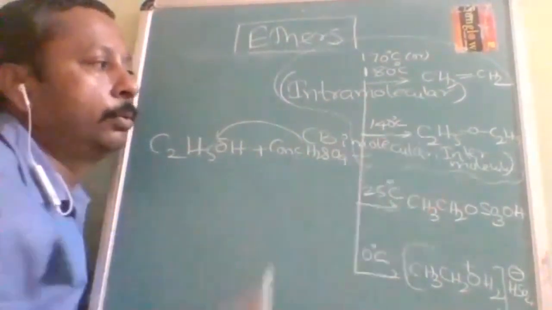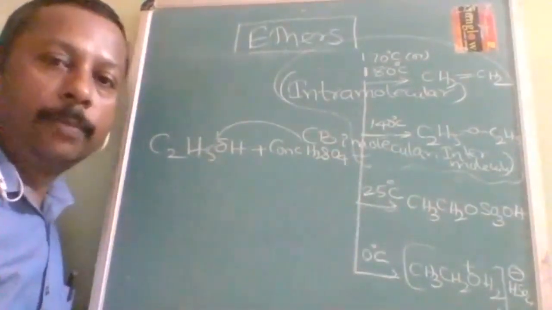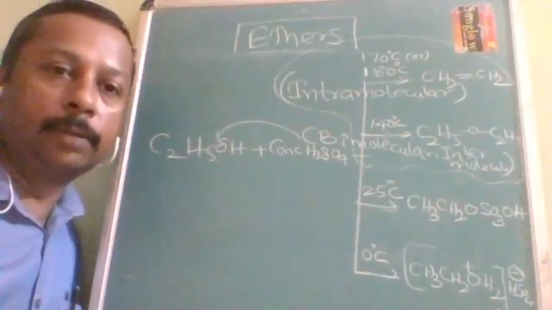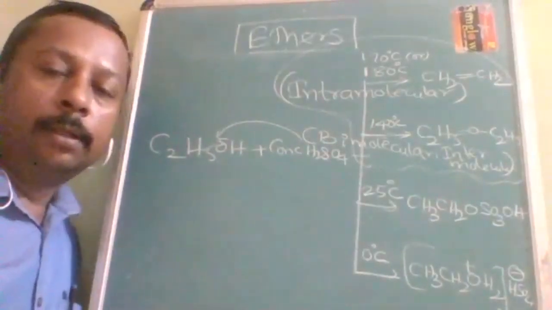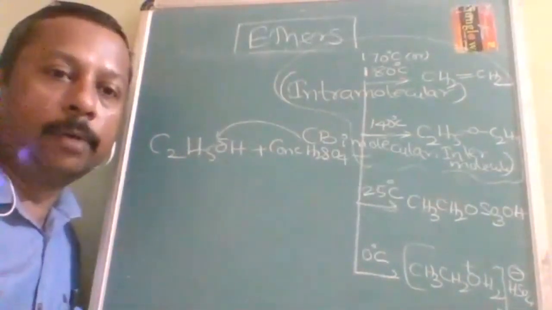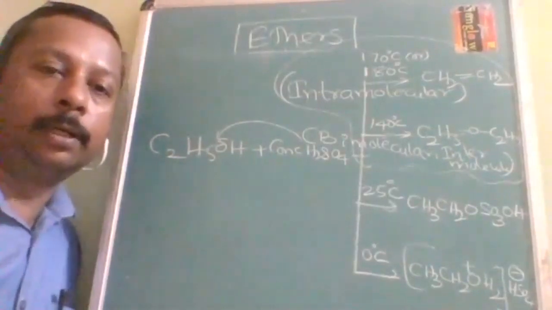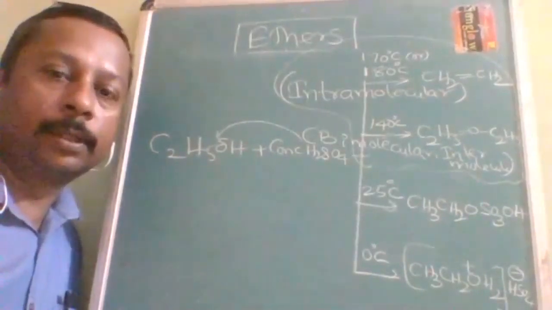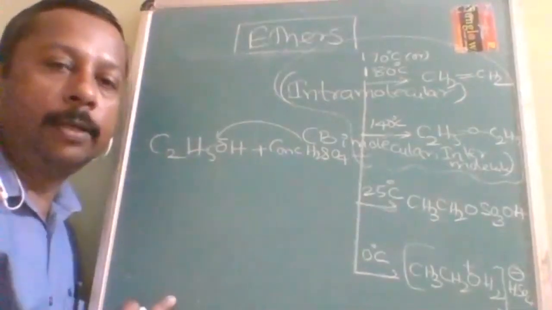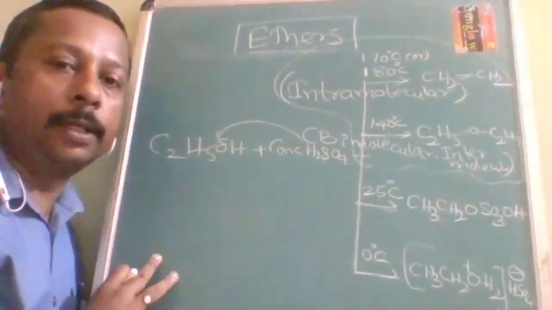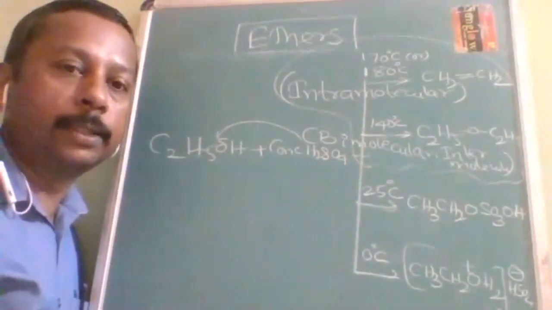Now we are going to do an in-depth study of ethers from the bimolecular, intermolecular reaction, where two molecules lose one water molecule. How is it possible and what are the steps involved? What are the conceptual questions based on this? We are going to see that. This was a comparative study of alcohol dehydration using concentrated sulfuric acid at various temperatures.